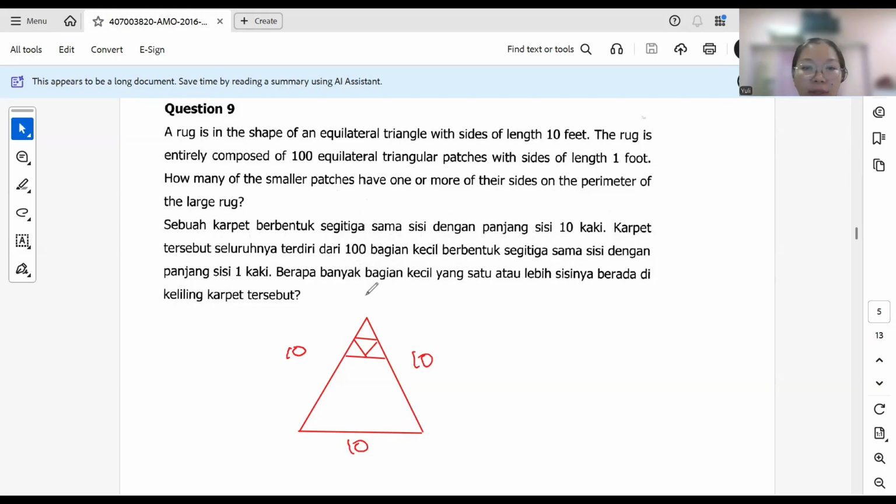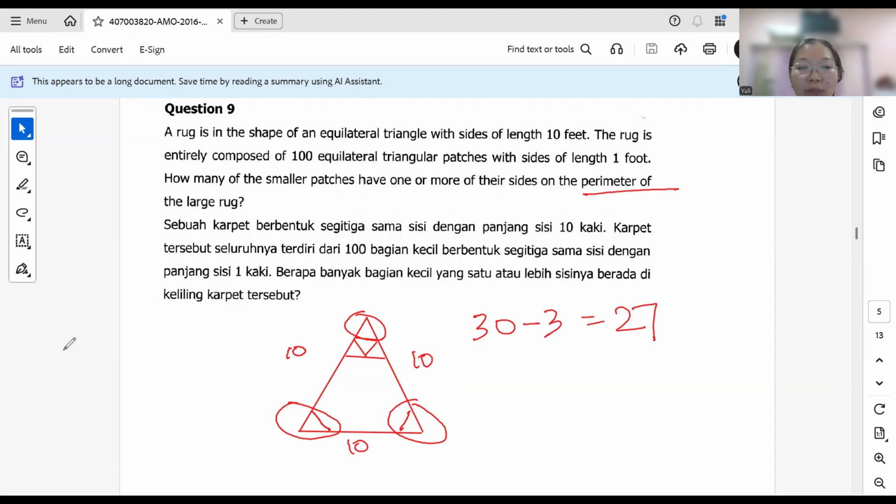So the total triangles in the perimeter is 30. But for every vertex, you're going to find 3 triangles that will be overlapped, right? So this overlap between this side and this side. This one overlap between this side and this side. This will overlap between this side and this side. So there are 3 overlaps. So the answer is 27 triangles.